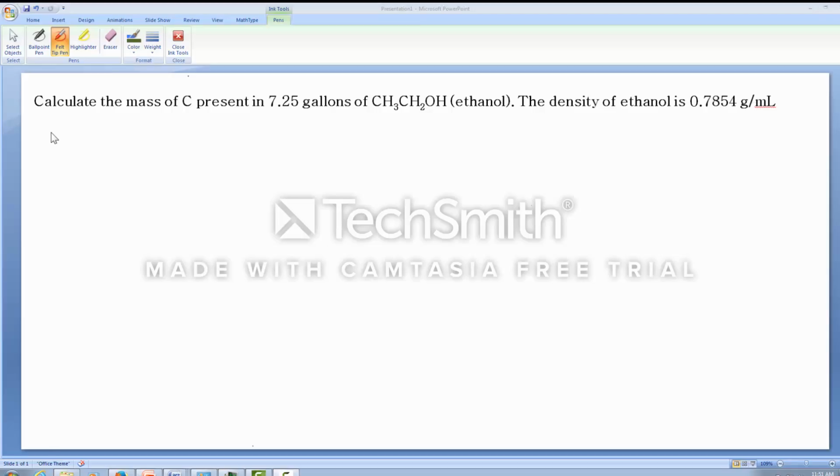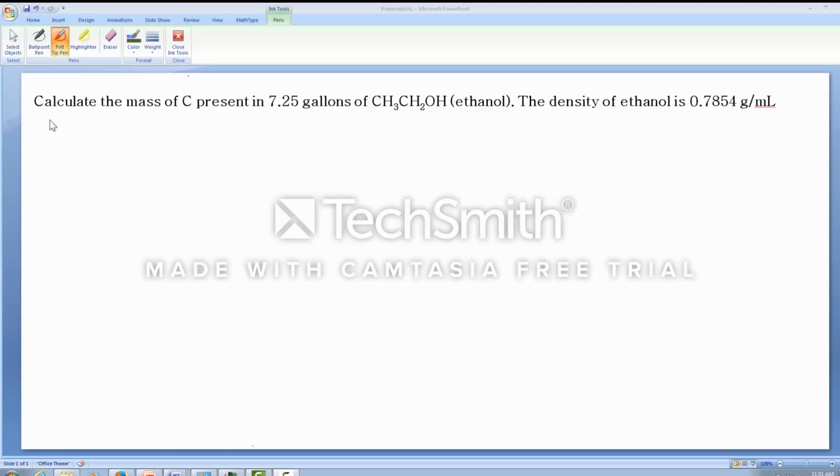Okay, we're going to work this problem that's similar to example 3.16 in the book on page 113, using chemical formulas as conversion factors.